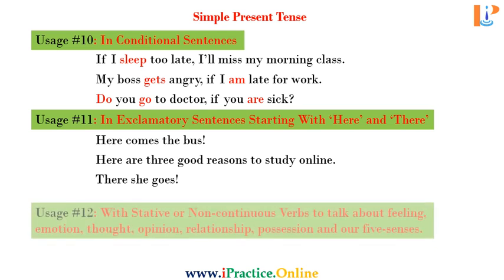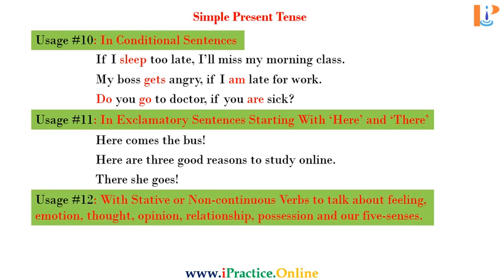Now the next usage, or the last I can say, usage number 12, says we use simple present tense with stative verbs or non-continuous verbs to talk about feeling, emotion, thought, opinion, relationship, possession, and our 5 senses like hear, feel, touch.